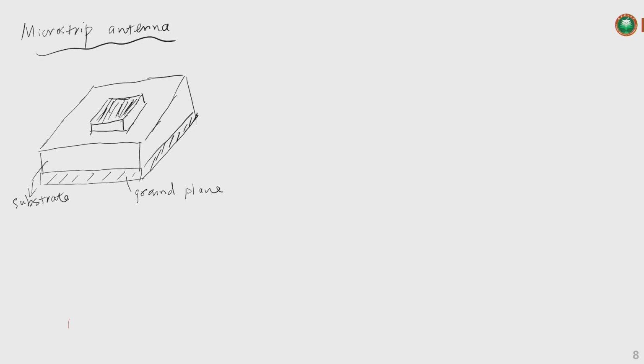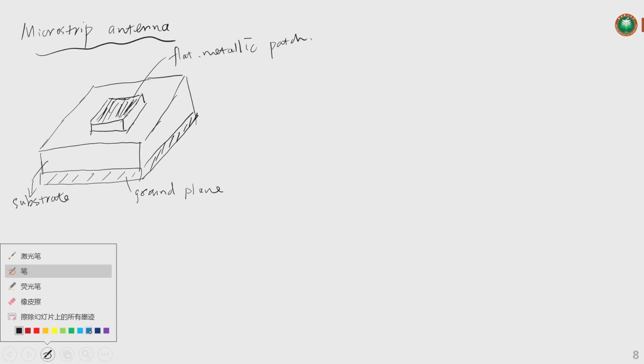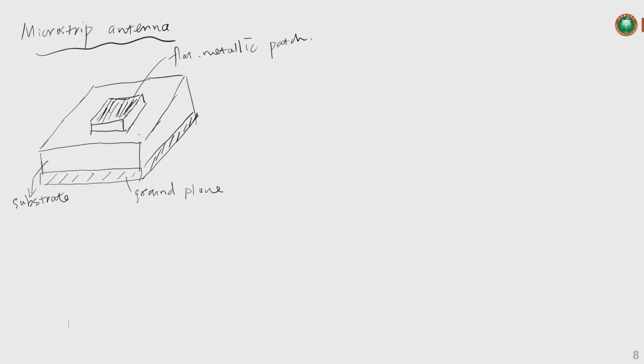The microstrip is usually a flat metallic patch, right? And it has its own dimensions: its length we use L, its width is W, and its height is H, for example.